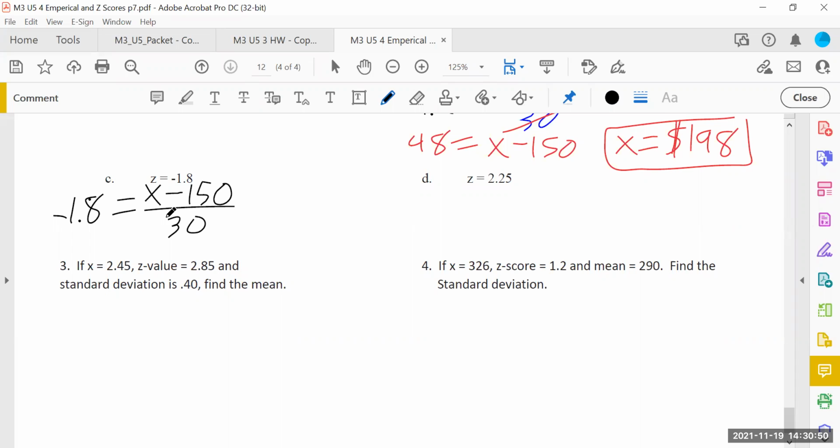Let's get an answer. Negative 54 equals X minus 150.